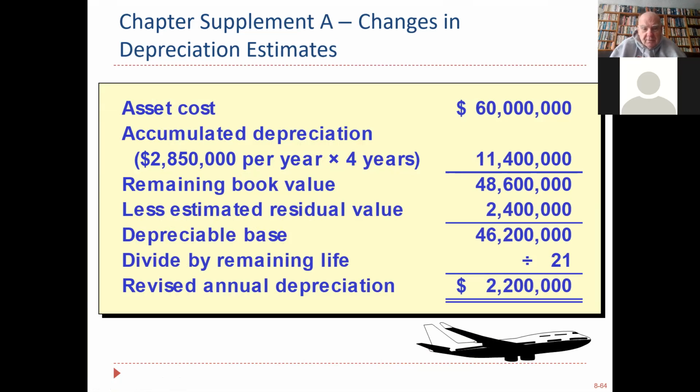Now they're saying we have a new residual value. We're changing the residual value to 2.4 million. So that means your new depreciable base is 46.2 million. Divide by the remaining 21 years.